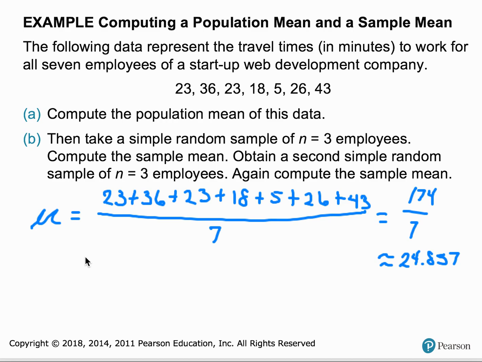So first of all, we need to set the seed for our calculator. I've got to go into math, probability, and I'm just going to use 10 for my seed.